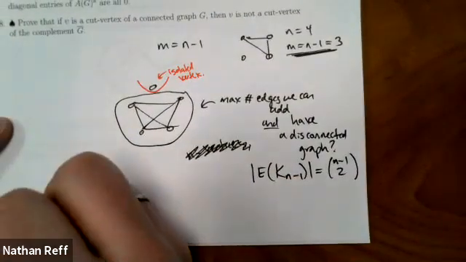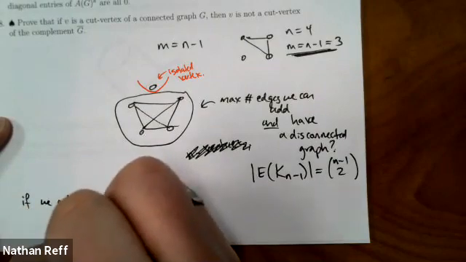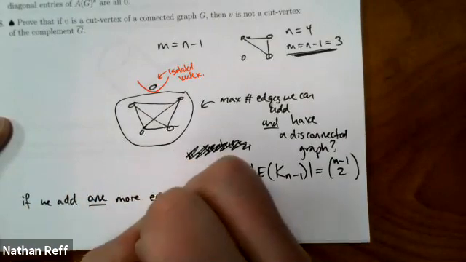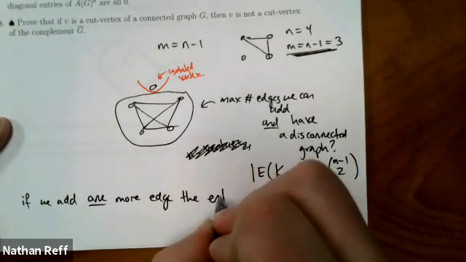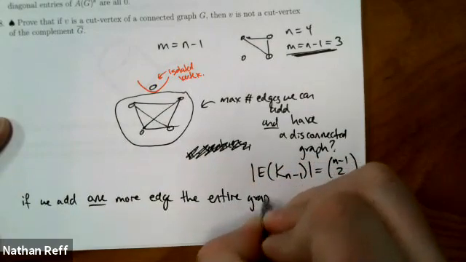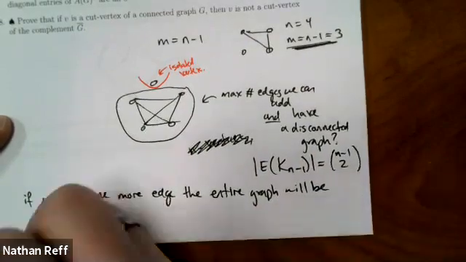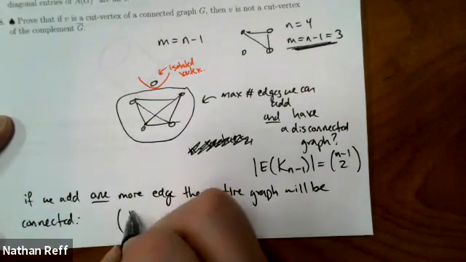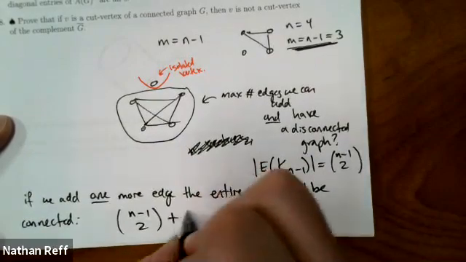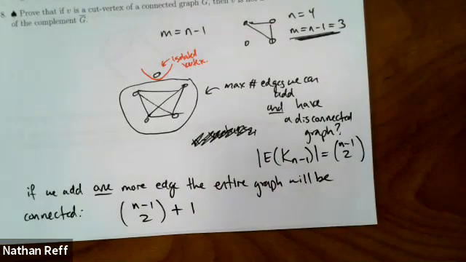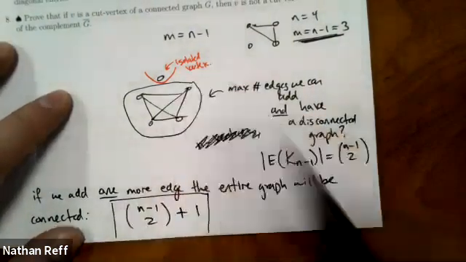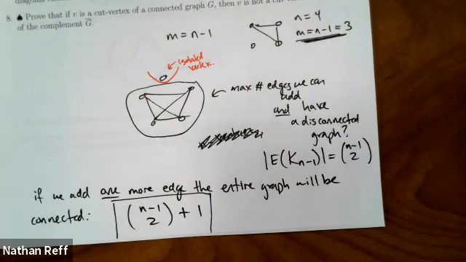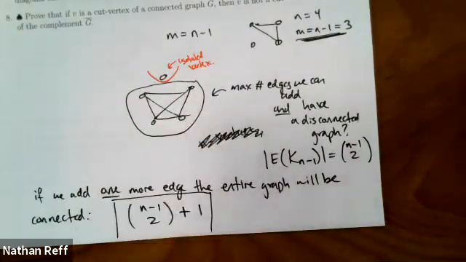Now, if we add one more edge, the entire graph will be connected. So if I take my n minus 1 choose 2 and I just add 1 to it, that isolated vertex will no longer be isolated, and it'll have to be connected to one of those. I don't know which one, but now there'll be no way to actually draw a disconnected graph.